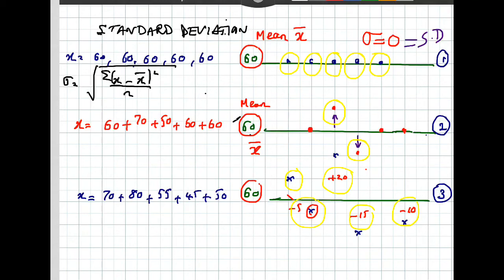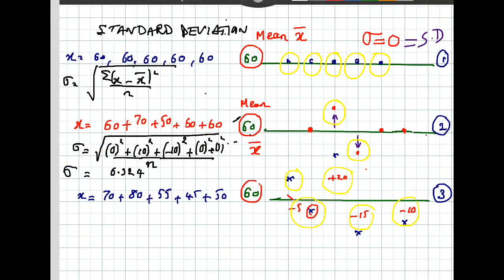Now if we go to the second set of results, at this point here we have no deviation. This point here we've got plus 10, and this is minus 10, and this is 0, and this is 0. If we work it out, we should finish with something like this.